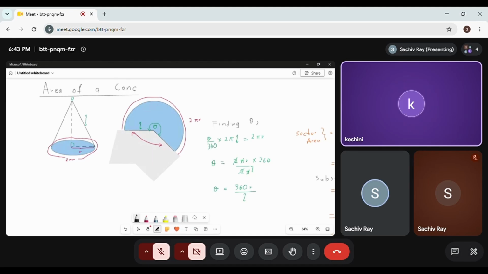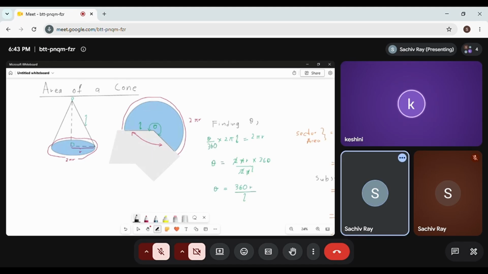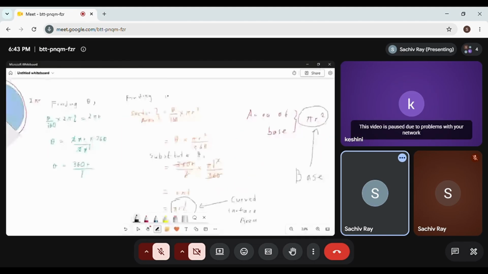Okay. And afterwards, write this. Write finding area of curved surface. What does it say?